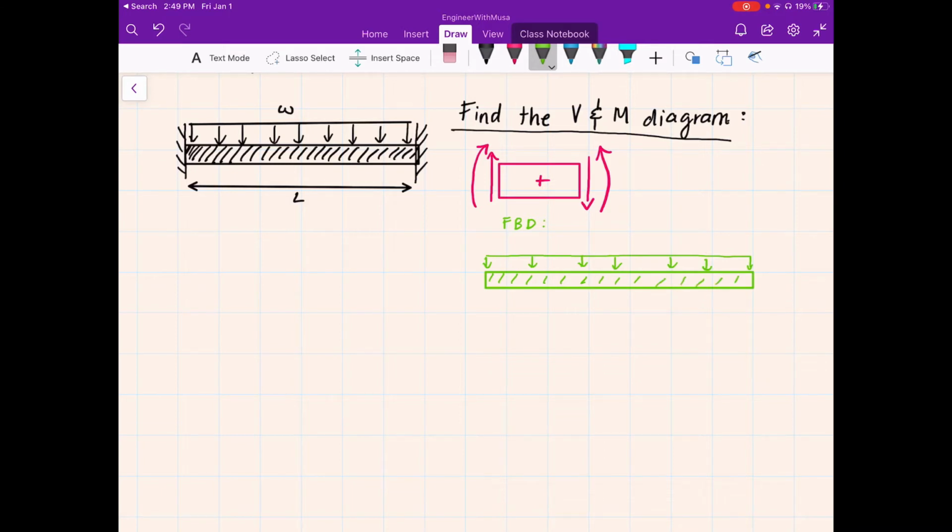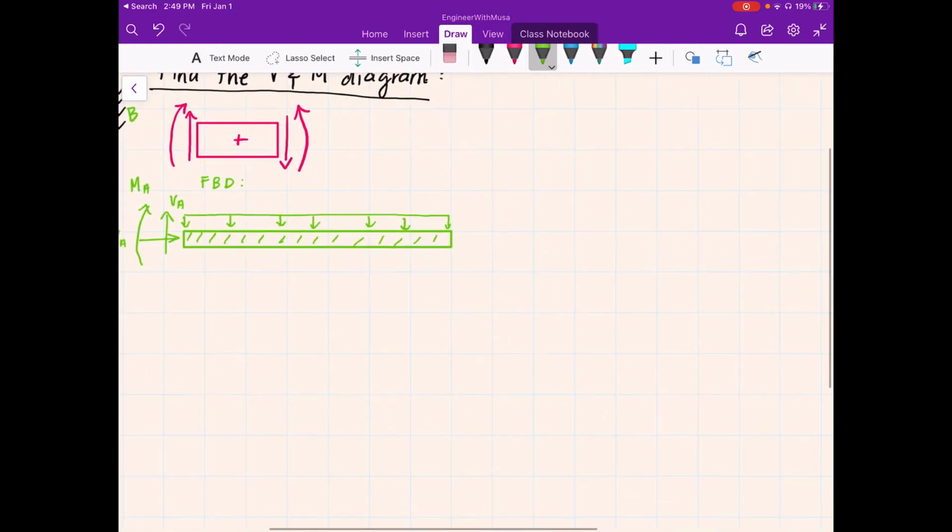And then we had a normal force, a shear force, and a moment. So this is NA, normal force A, VA, shear force A, and moment at point A. This is going to be point A, and this is going to be point B. Same thing goes for the other side.